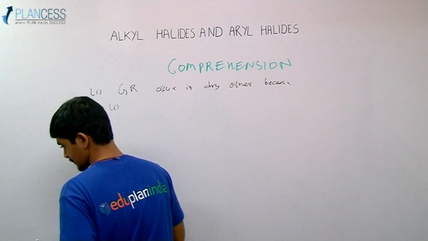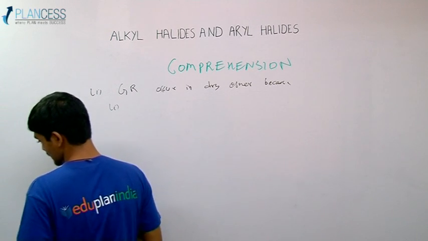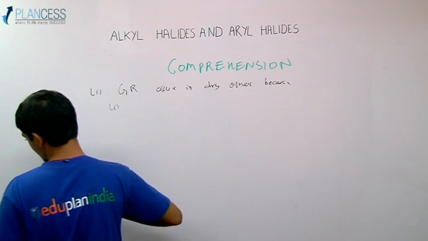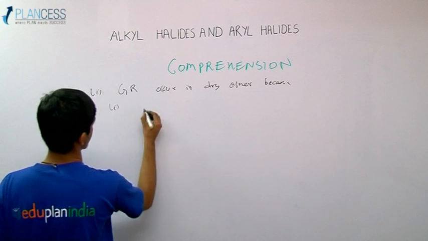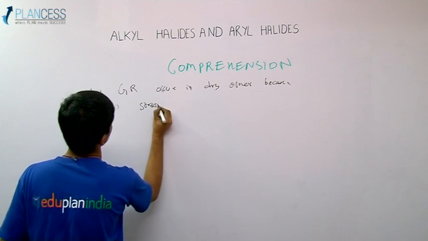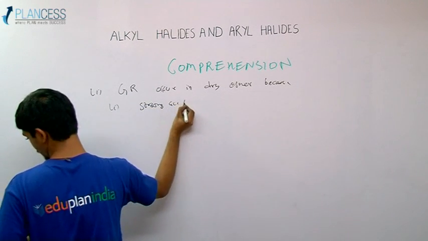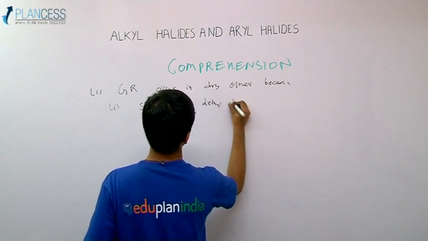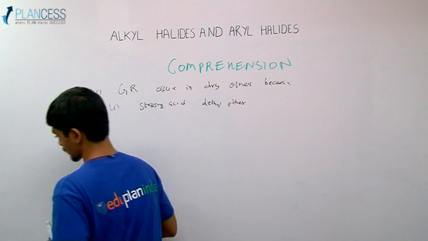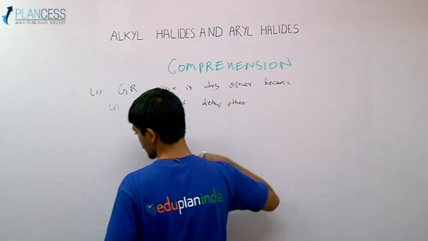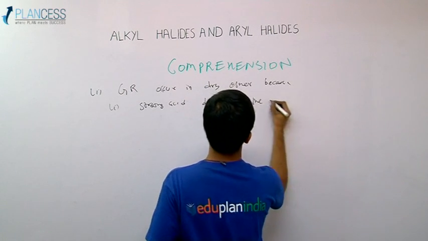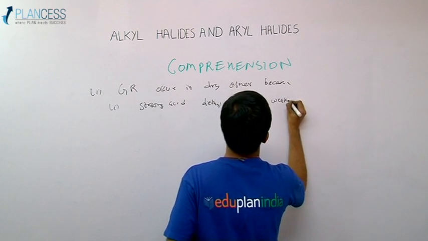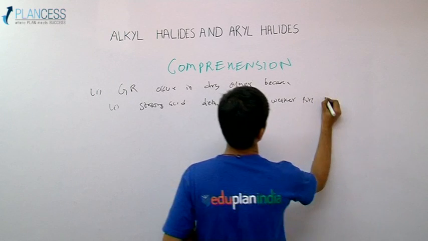Your first option is: the stronger acid diethyl ether will displace the weaker acid RH from its salt. That is, the stronger acid diethyl ether will displace the weaker RH from its salt.